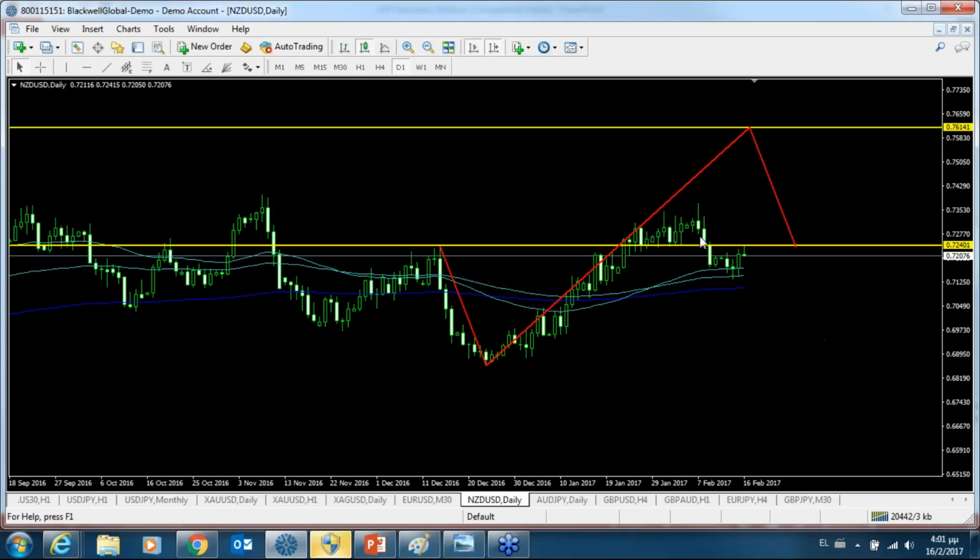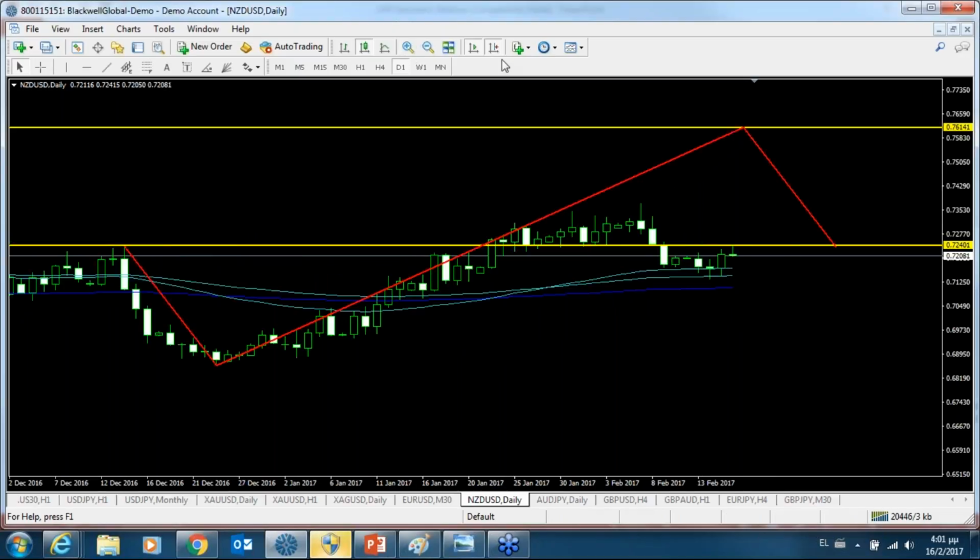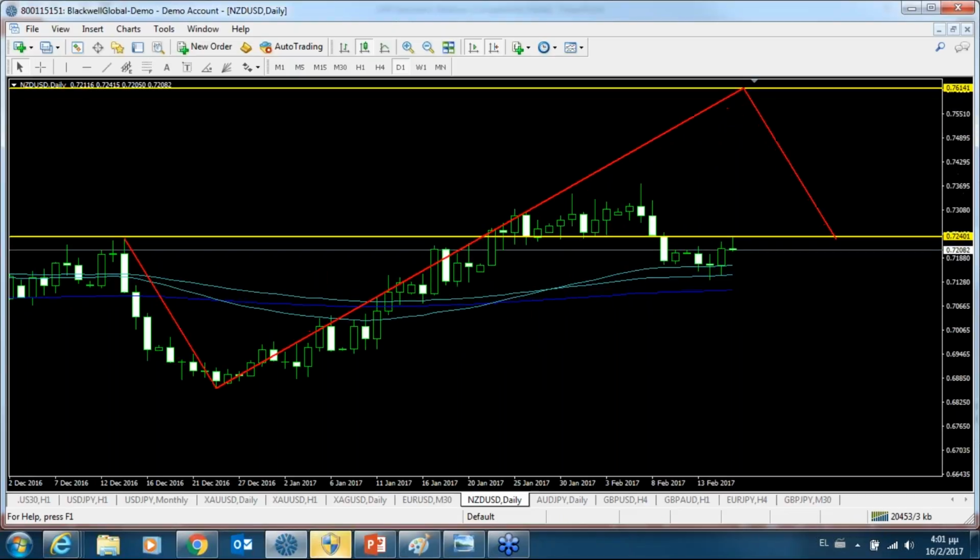Here, as you can see, it's finding support. That may hint to you, this is still on the daily chart, that because it found support at one of the moving averages there, it's a good sign that it may push the prices upwards. We're just waiting for the upward momentum to reach that area there.